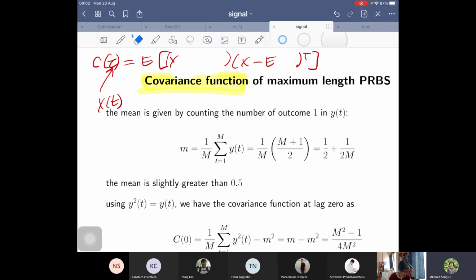You cannot leave it like this, because you need to specify at which time this x is computed in order to compute the covariance at time lag tau. x_t, and x_(t-tau)?